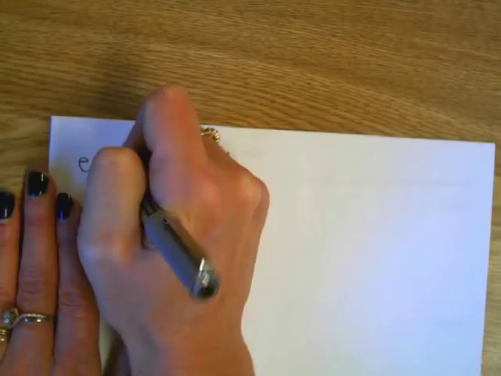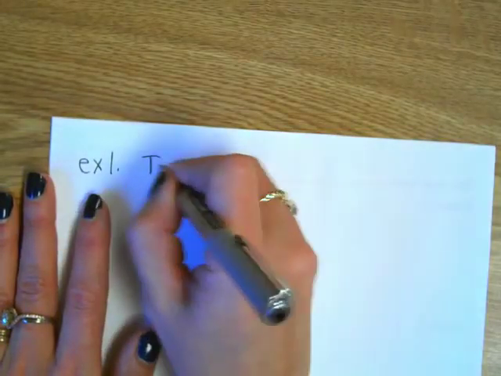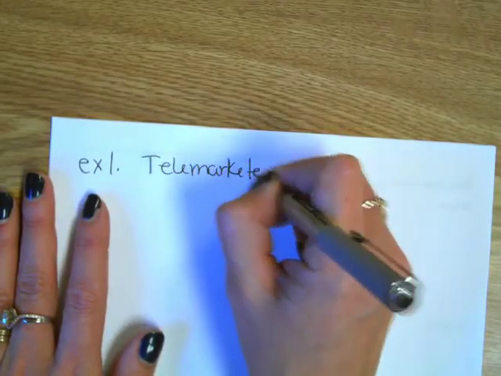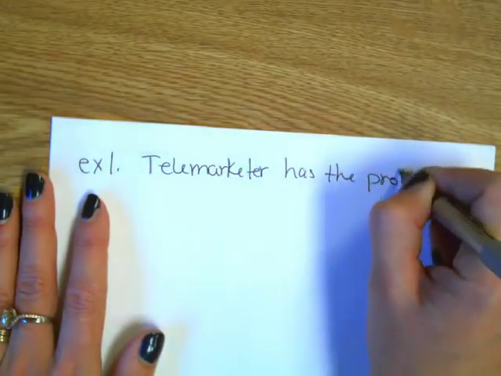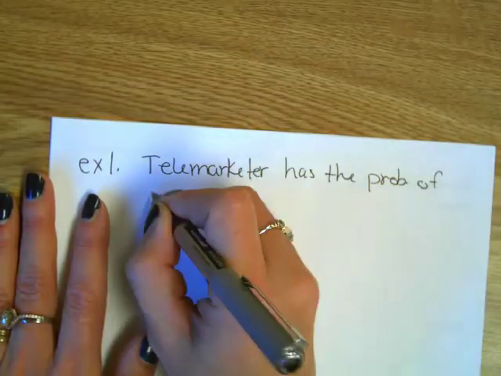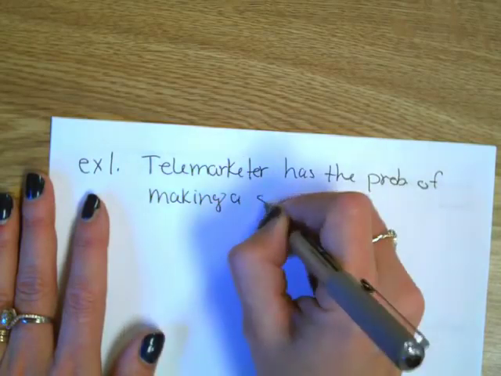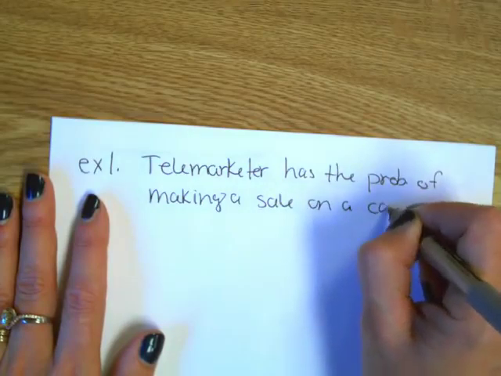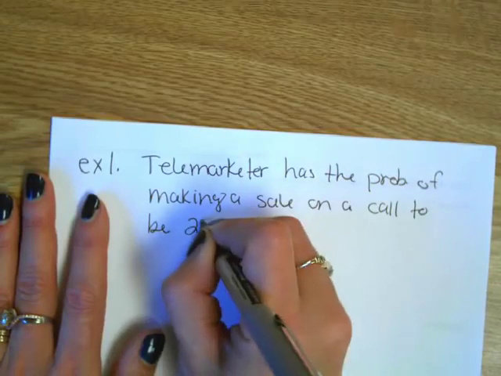So, our example here, and I'll try to pick out the stuff that makes it geometric and not binomial. So we've got a telemarketer. Great job to have. Just kidding. Has the probability of making a sale on a call to be 23%.